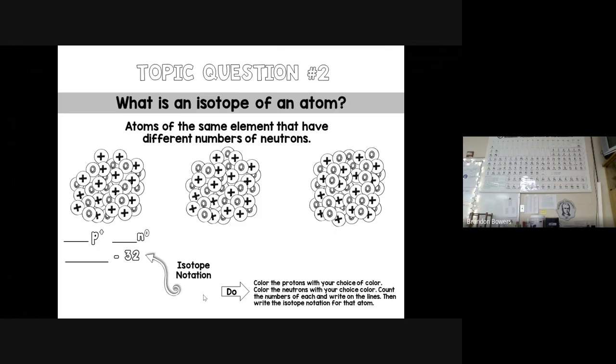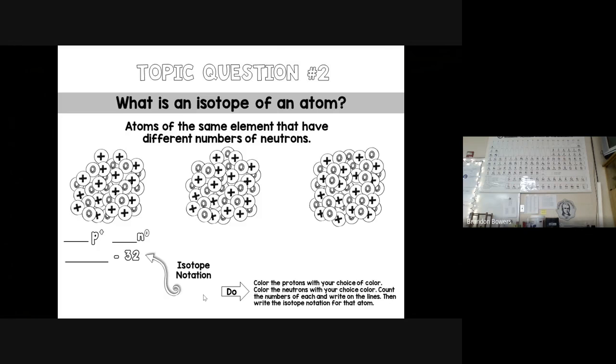How many neutrons are there? I got 16. So 16 protons, 16 neutrons. If you add up those two numbers together, 16 and 16, 32, that is its mass.